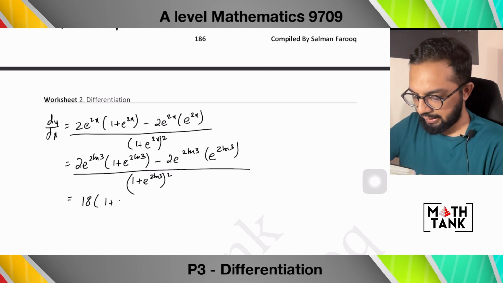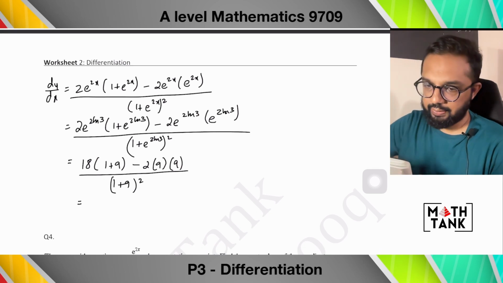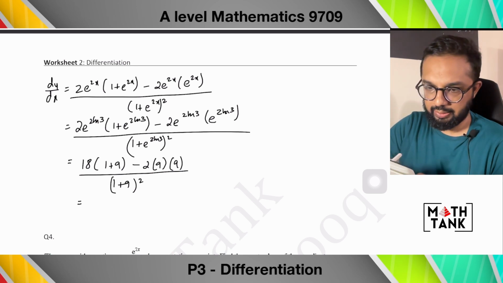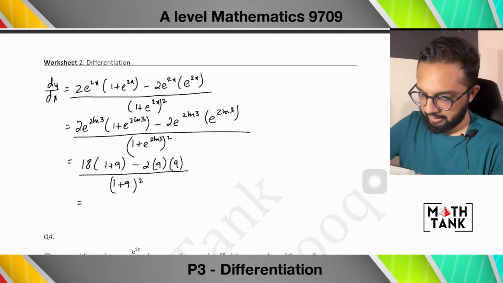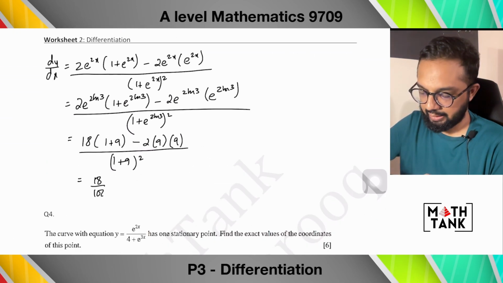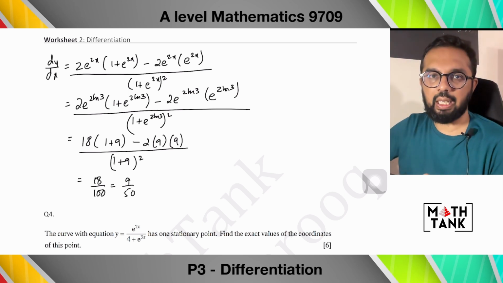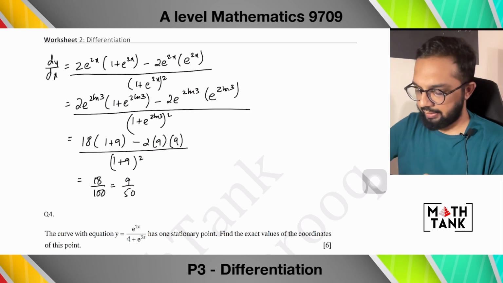I could say then this is 1 plus 9 minus 2 into 9 and into another 9 divided by 1 plus 9, and that's the full square. Okay, so that's 18 into 10 minus 2 into 9 into 9. That gives me another 18, and the denominator is 100, so that gives me 9 over 50. Okay, so that's dy by dx at x equals ln 3.